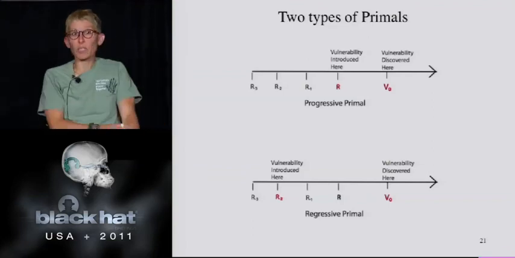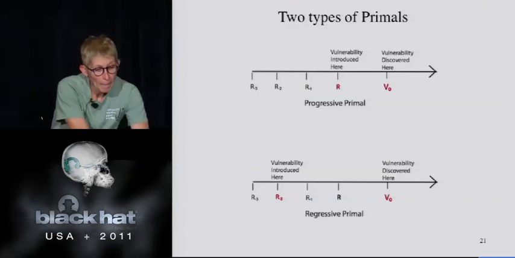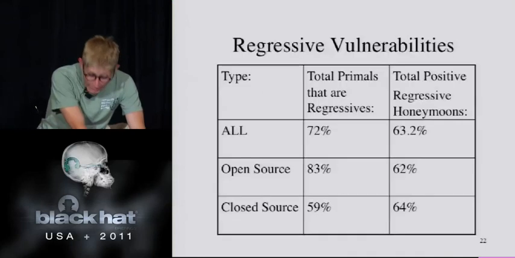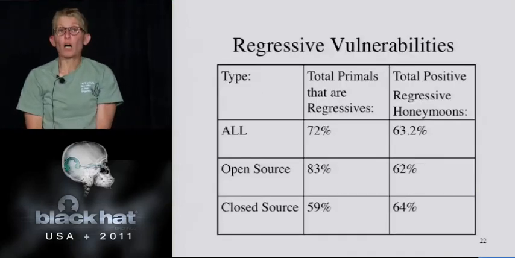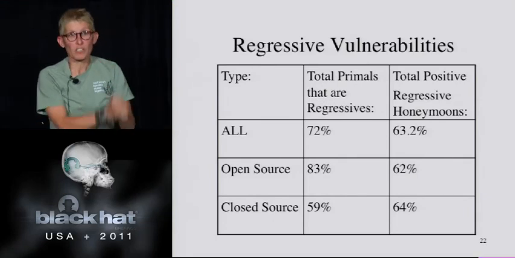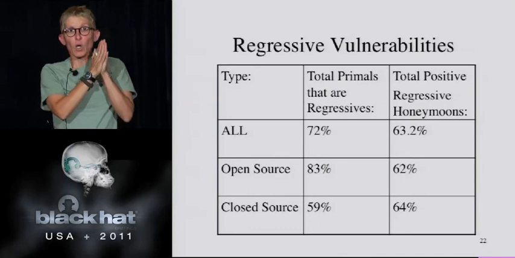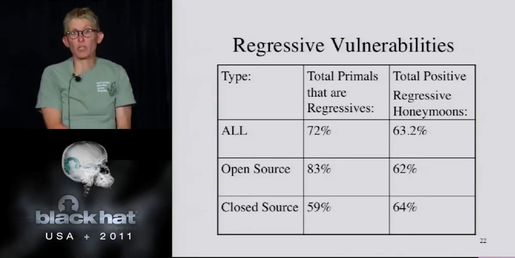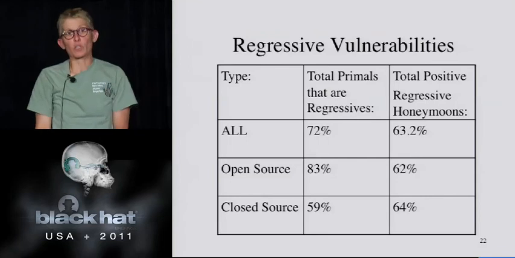These regressive vulnerabilities lay dormant for quite a while until they were found. And one would expect that there wouldn't be very many of them, but there are. Most of the first vulnerabilities that are discovered in a newly released version of a piece of software that's been out for a while affect the earlier versions as well.